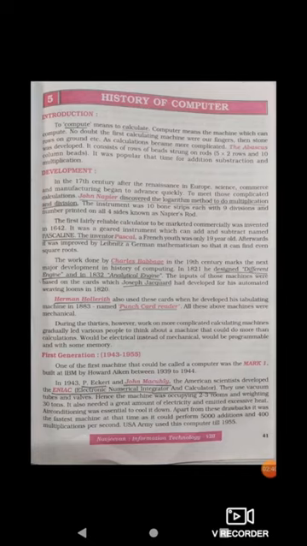However, one of the devices known as the abacus was developed, which consists of certain rows, beads, columns, strings. During that time, it was very popular.